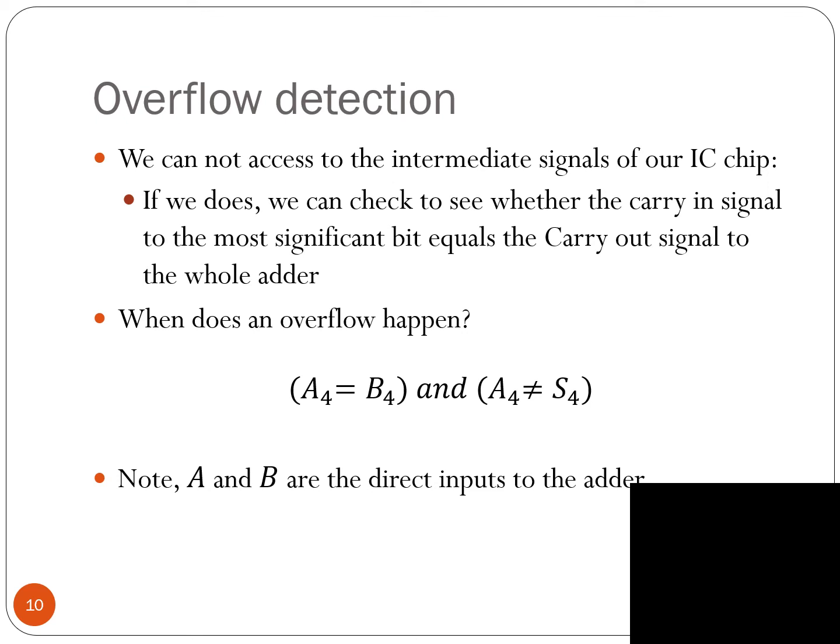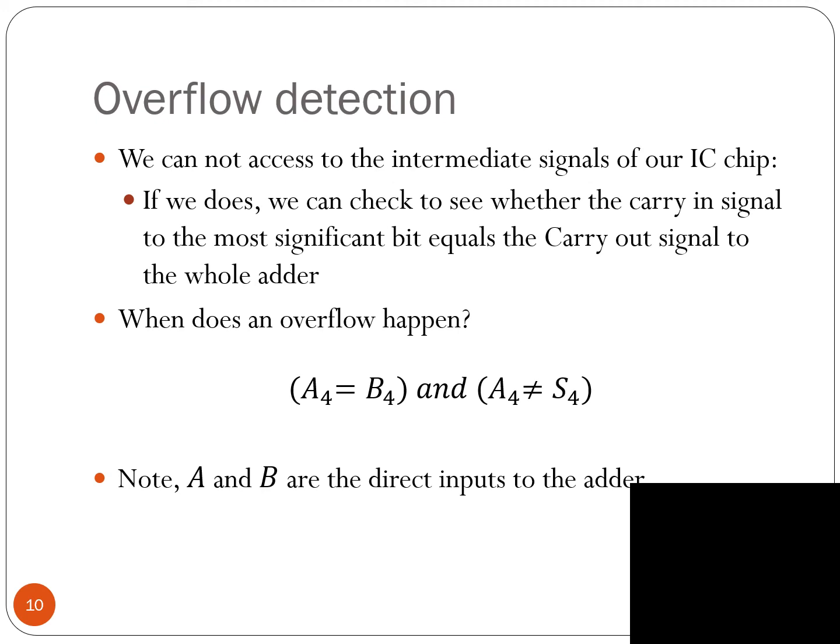Actually, an overflow happens if the most significant bits of A and B are equal, and that most significant bit of A or B is not equal to the sum bit at the most significant bit. For example, if A4 and B4 are both 0, but the fourth bit of the sum is 1, it means there's overflow.